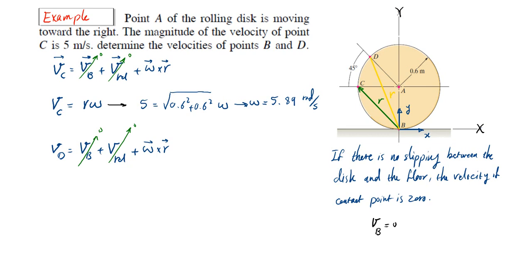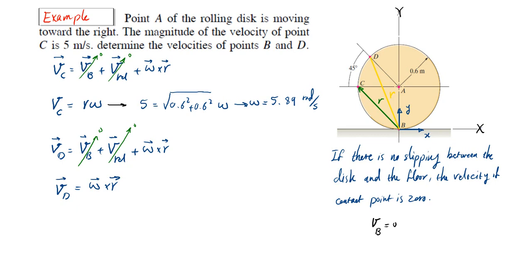I forgot to put vector signs, these are all vectors. So VD is equal to omega cross R.